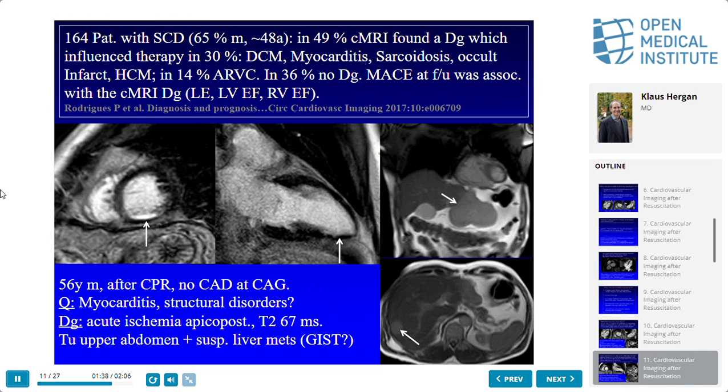That means that this is a fresh infarction there, and it's edema there. And additional to that, we found in this patient this tumor in the upper abdomen, combined with some liver lesions in there. So we suppose that it is maybe a gastrointestinal stromal tumor or something like that.